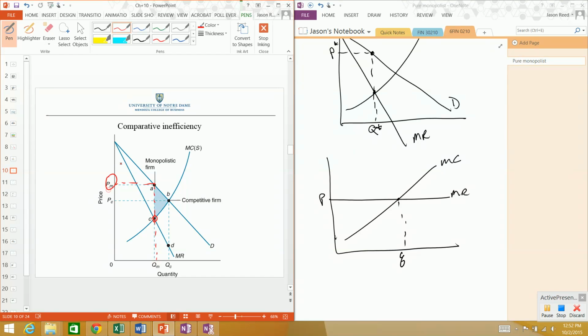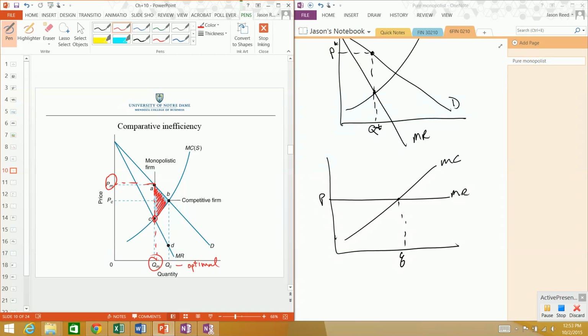PM is going to be the price in this market, and quantity is the quantity that the monopolist produces. We again understand that QC would be the optimal level, and that PC would be the competitive firm's price as well. So we would want to be here, but we lose out on all of this shaded region, A, B, and C. Again, this is our deadweight loss in this instance.